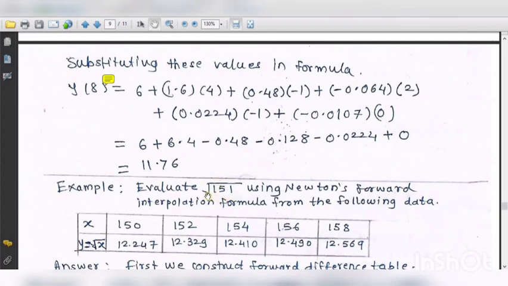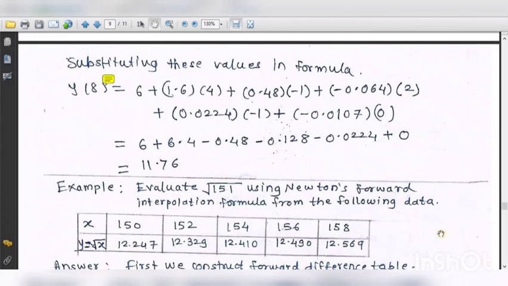Though it is given as a square root, it is function notation, as your function is y equals root x. So you can practice this example at home. The answer should lie between 12.247 and 12.329. If your answer lies between these two values, then you can say that your answer is correct.